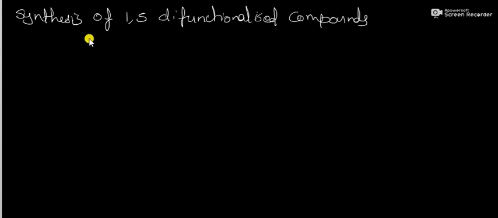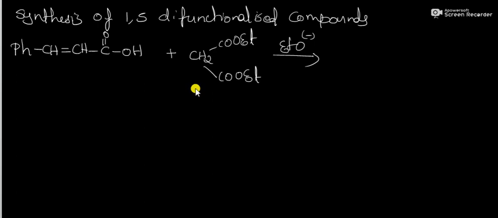Synthesis of 1,5-difunctionalized compounds can be done using Michael addition reaction. For example, this is an active methylene compound. In the presence of a base like sodium ethoxide, it will be deprotonated and converted into carbanion, that is CH minus (CO2Et) twice, which adds to this alpha beta unsaturated carbonyl compound, that is our Michael addition.